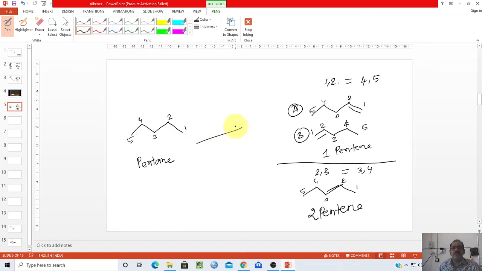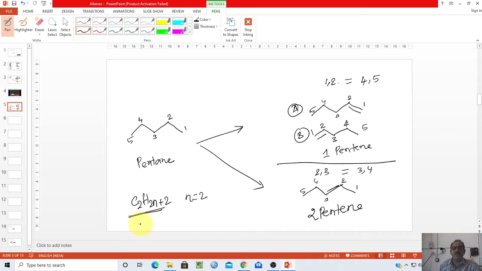So like this, it's going on. These are the introduction for alkenes, and we know the general molecular formula for alkanes. It is CnH2n+2. Suppose we put n equal to 2.